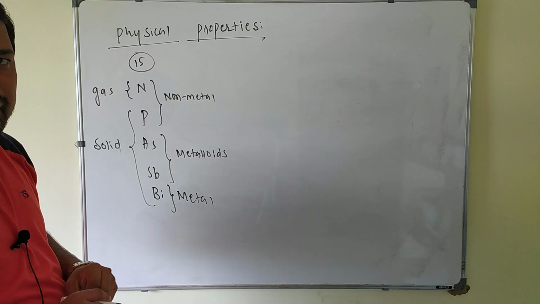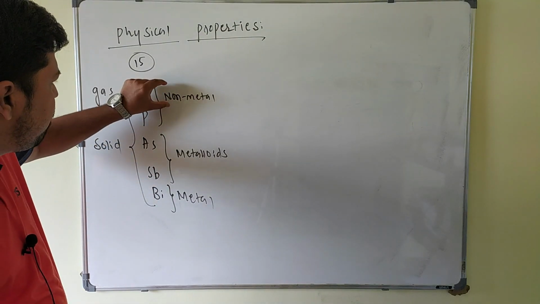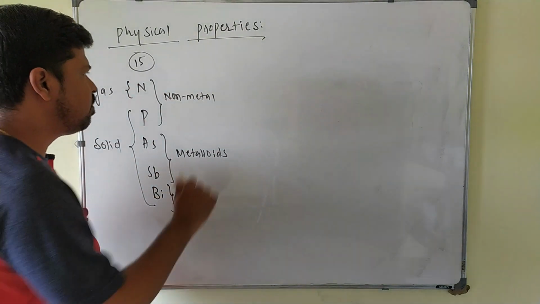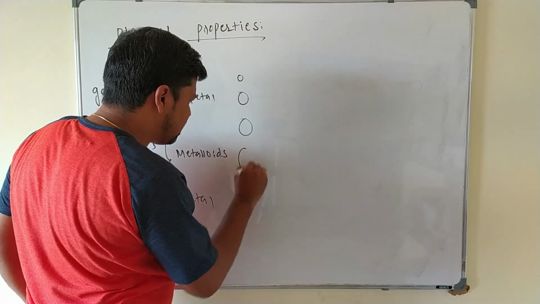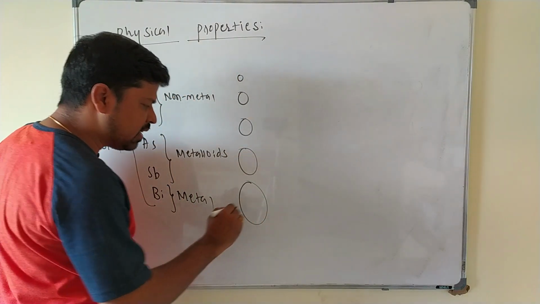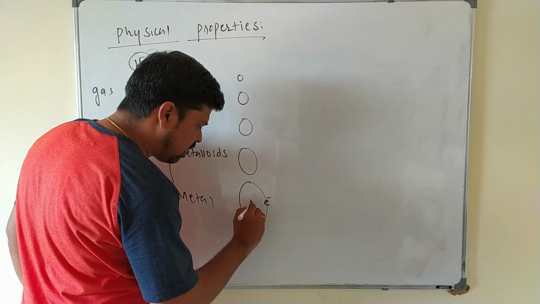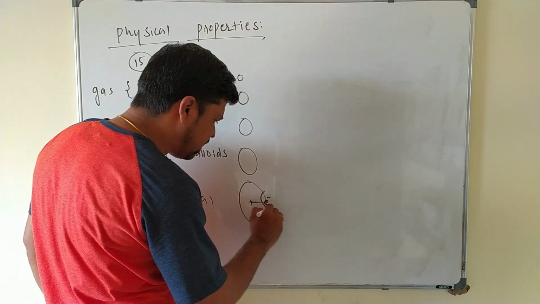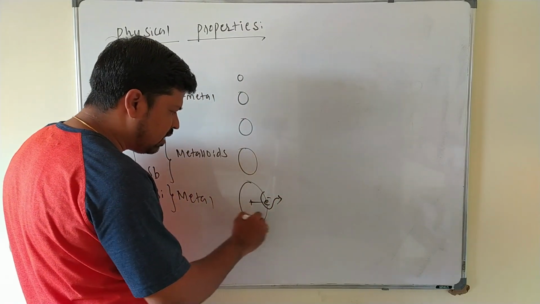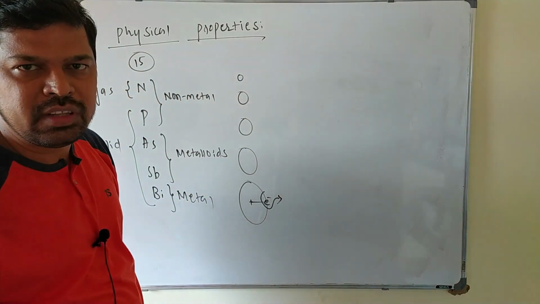Down the group, what happens here? Metallic character increases, because down the group what happens here? Atomic size is increasing. As the atomic size increases, the electrons are away from the nucleus. Because of this, force of attraction decreases, so these atoms can easily give out the electrons.